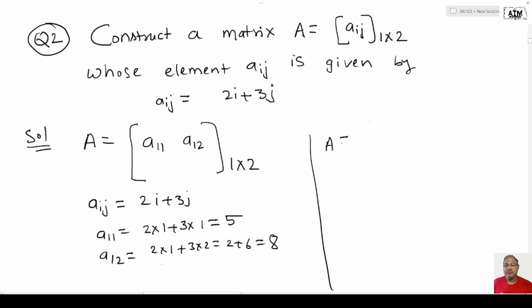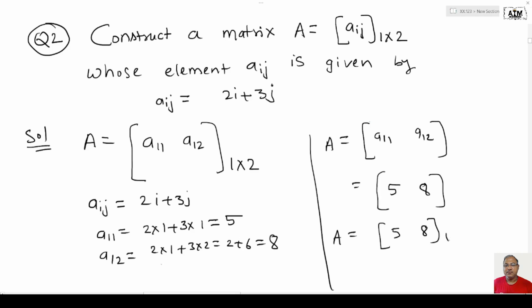Therefore, the required matrix A equals A11, A12, that is 5 and 8. It is 1 row, with a first column and a second column. Therefore, it is a 1 by 2 matrix, and this is the required solution.